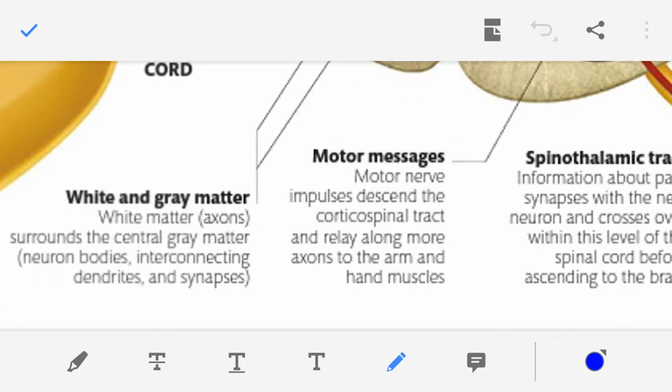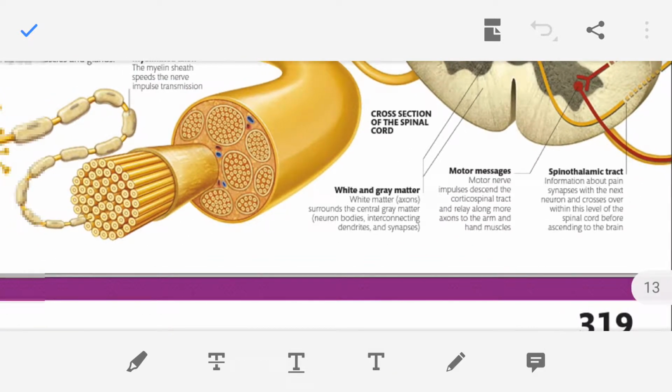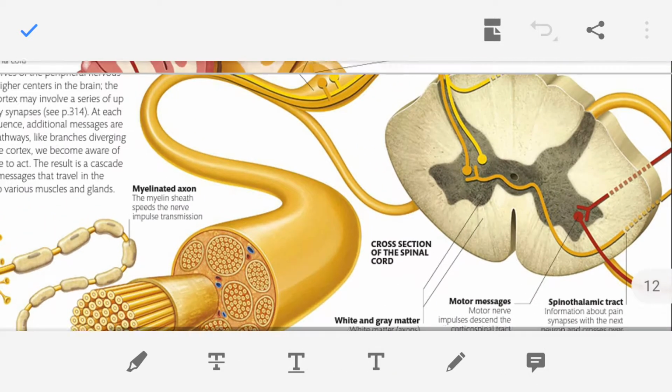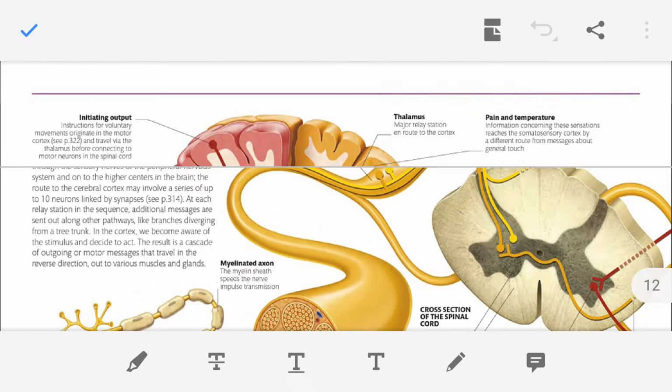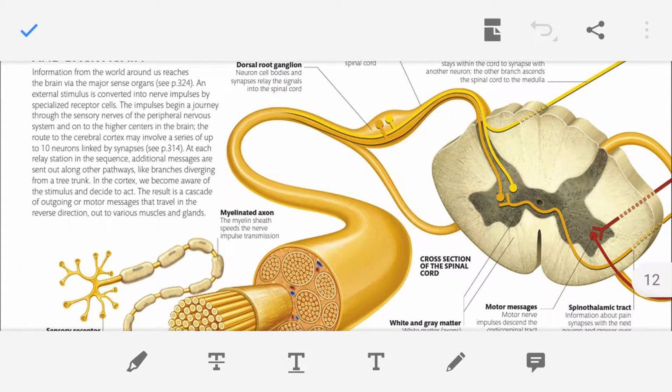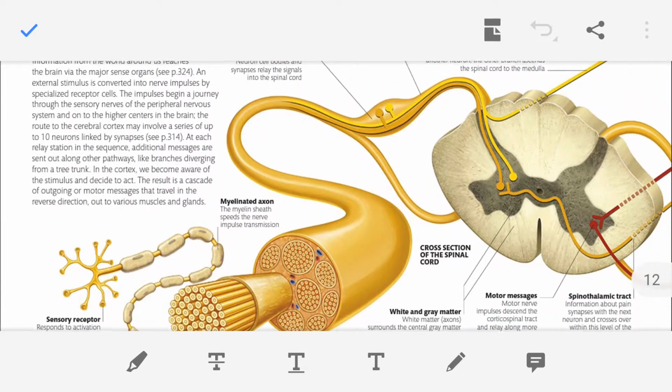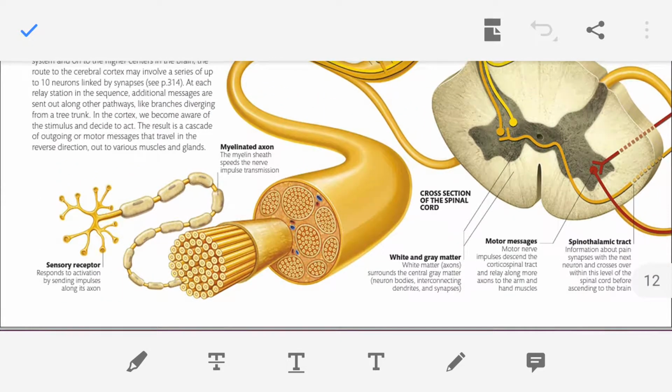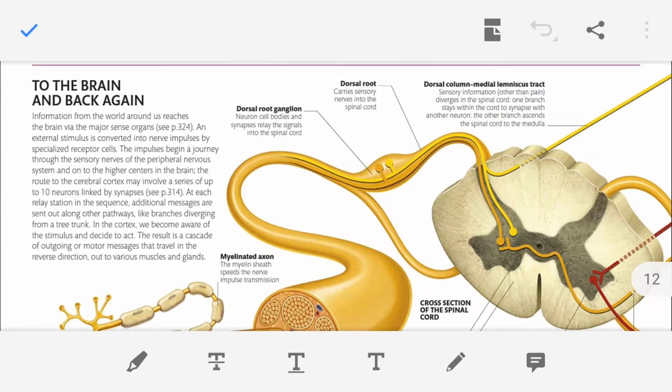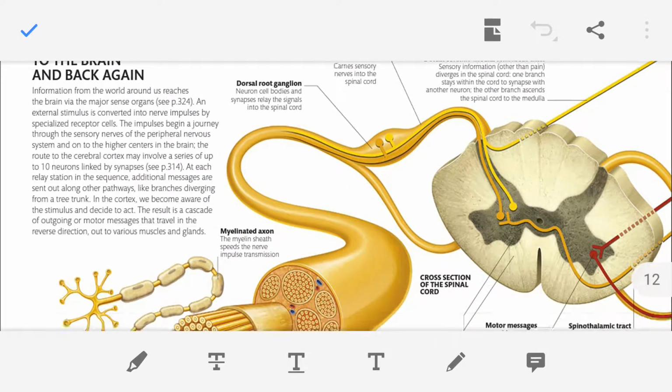Then the motor messages. See, motor nerve impulses descend the corticospinal tract and relay along more axons to the arm and head muscle. Okay, so we are not going into this, but we are just remembering the name of the tracts, if you can remember, and what is a tract and where they are located.